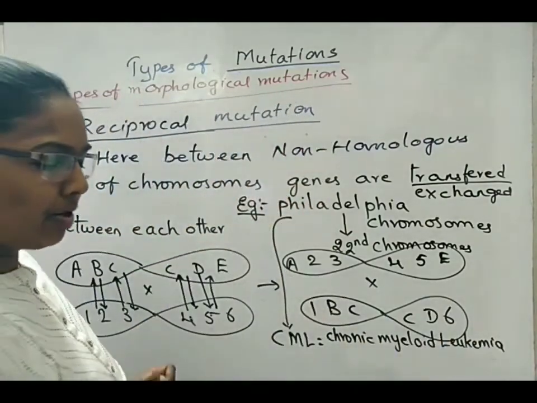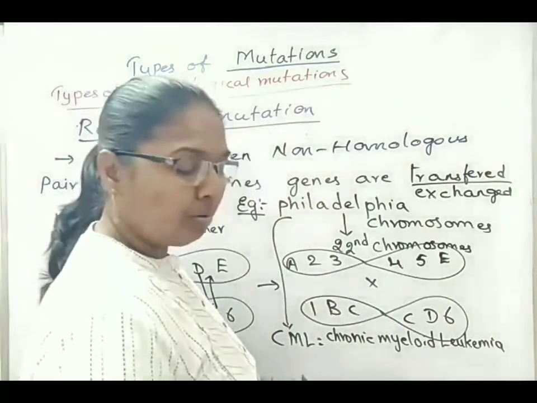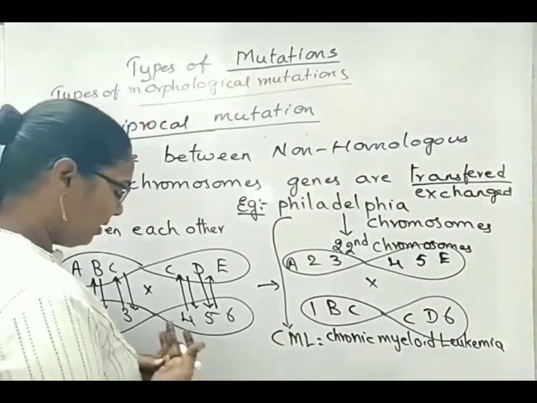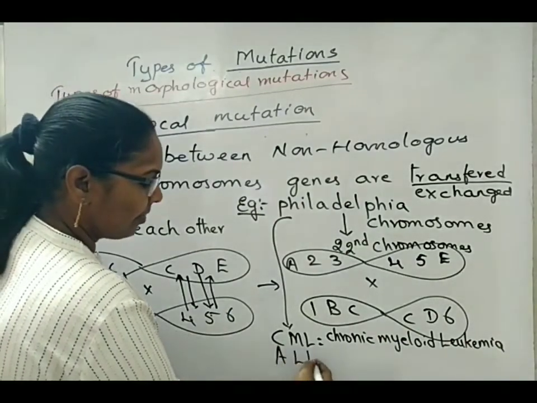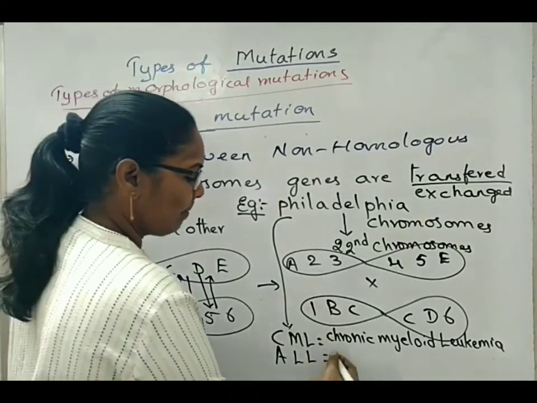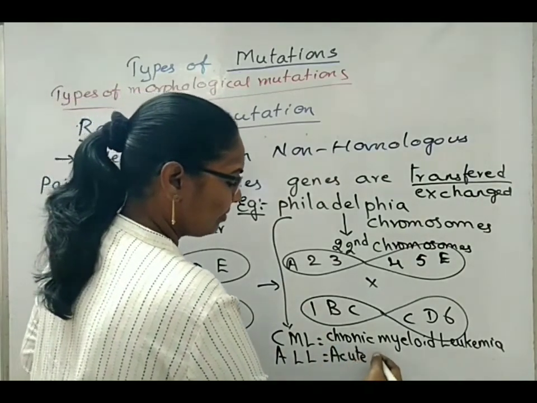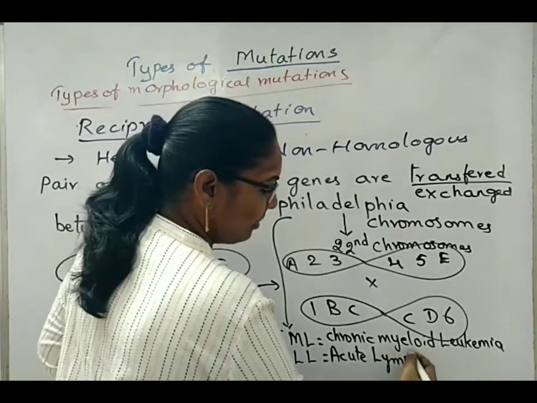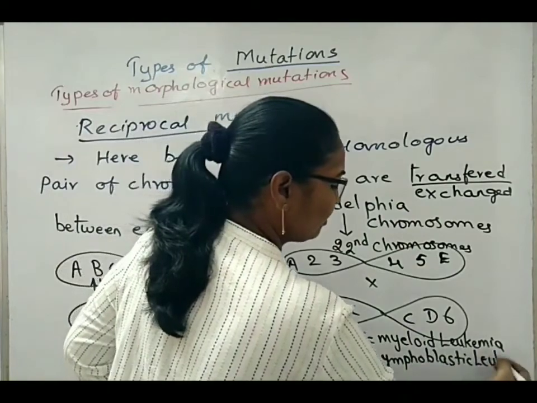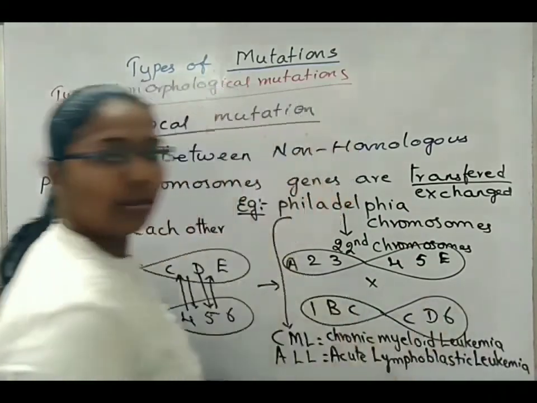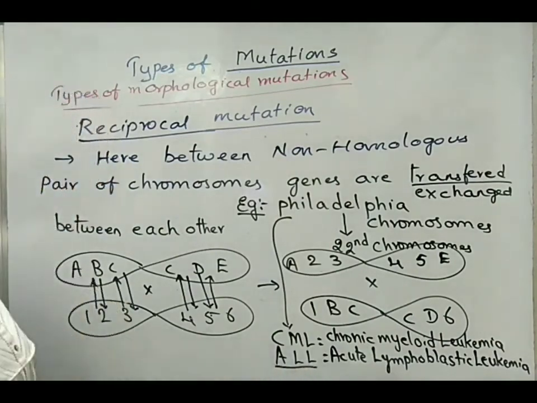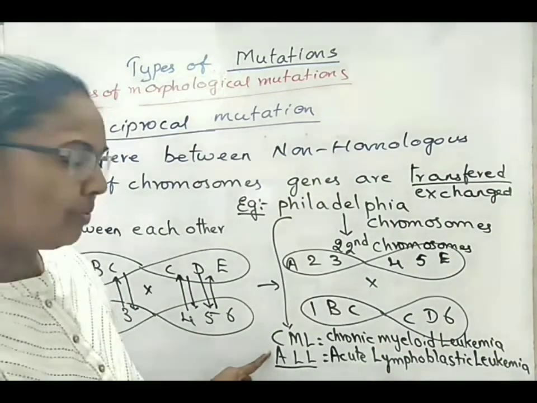This also can cause another type of disorder in case of bone marrow, that is acute lymphoblastic leukemia, which we give a shortcut like capital A, capital L and capital L. This is acute lymphoblastic leukemia, which we are representing with ALL, but all the letters are in capital form.